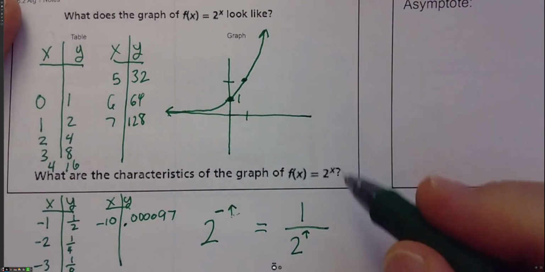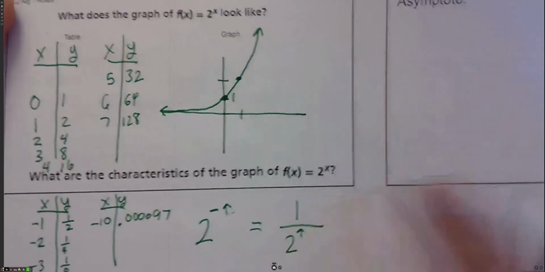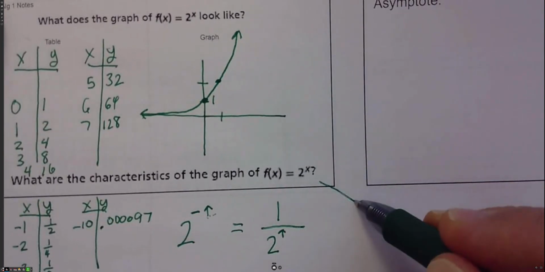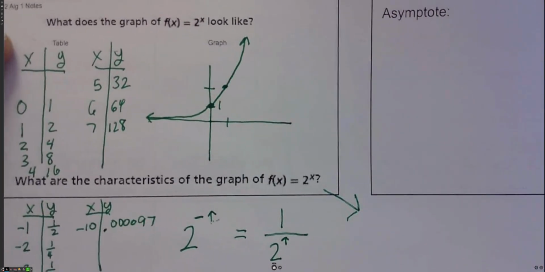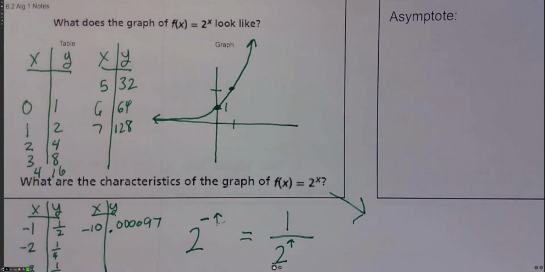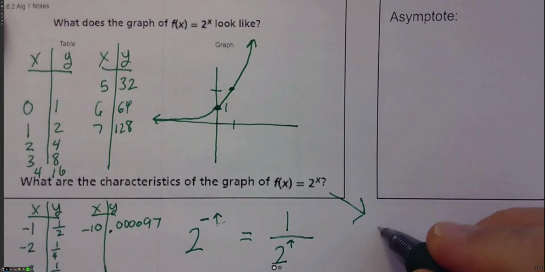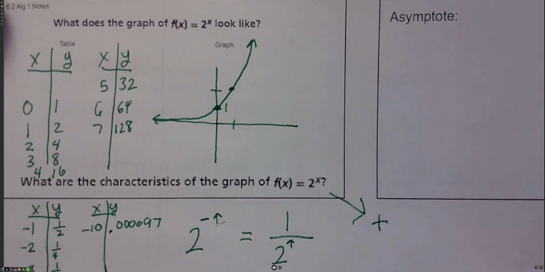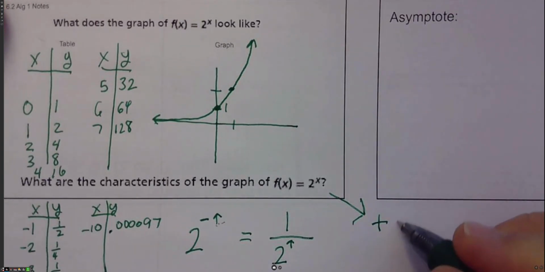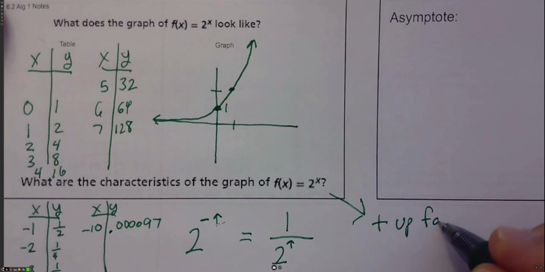So, characteristics of this graph. Tell me things that this graph is doing. Yeah, it's going up. So, can I say positive slope, up fast?